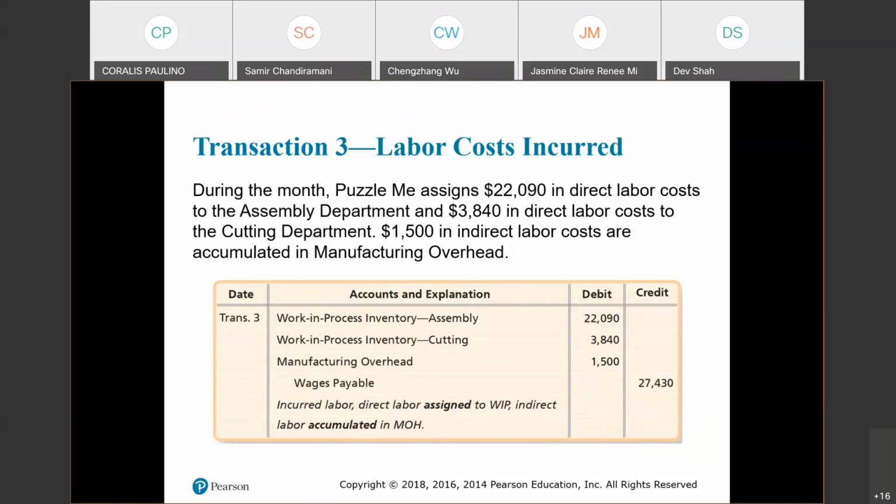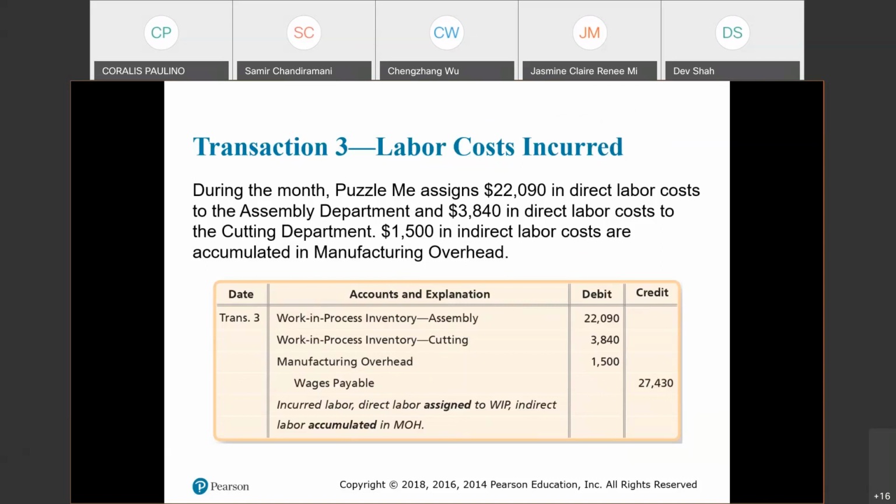Well, similarly, let's see how to prepare journal entries for labor costs incurred. Well, during the month, Puzzle.me assigns $22,090 in direct labor costs to the assembly department and $3,840 in direct labor costs to the cutting department. In addition, it has $1,500 in indirect labor costs.